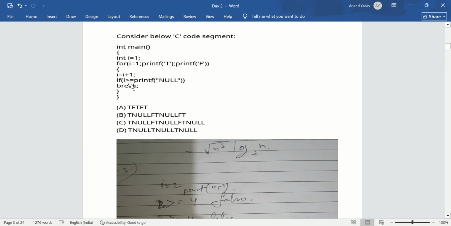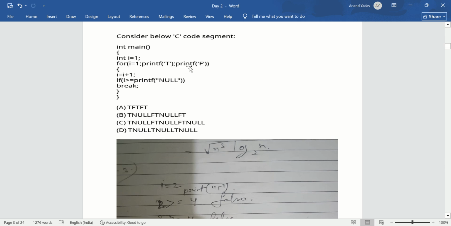Then the condition is checked again, 2 is greater than or equal to 4. In printf, null is a string, therefore its length will be placed here in place of printf. Its length is 4, so it places 4 here, and i plus 1 is 2. Is 2 greater than or equal to 4? False.